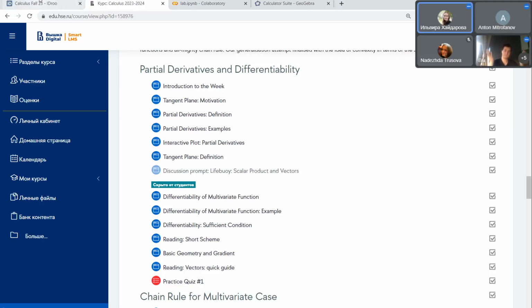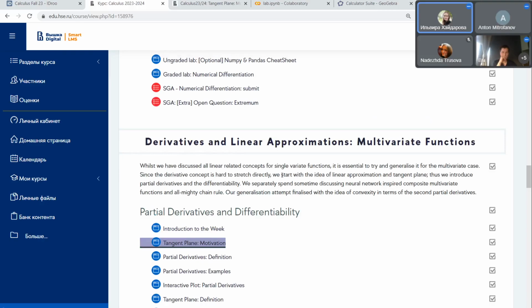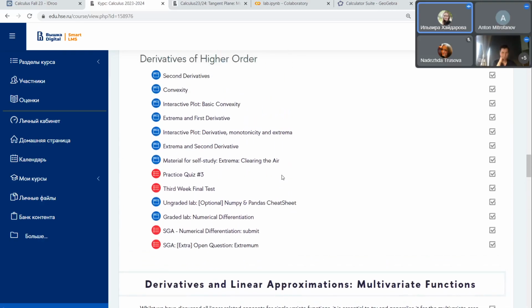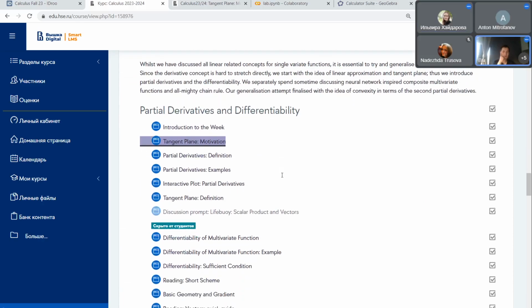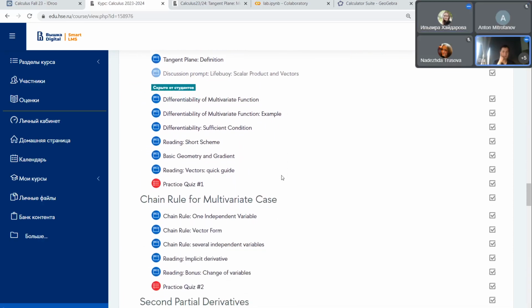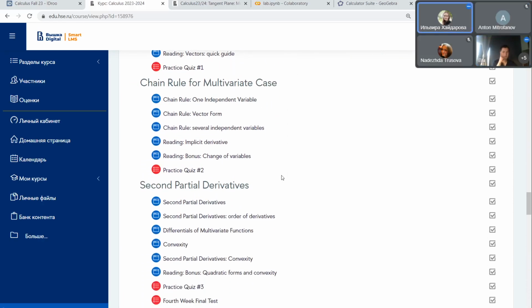In the lectures, the explanation of how to calculate the tangent plane, well, maybe it's not the tangent plane. Can you go a little bit more up, please? Now more down. Yes, because I'm looking at your screen. Partial derivatives.